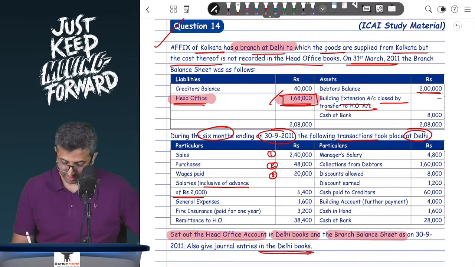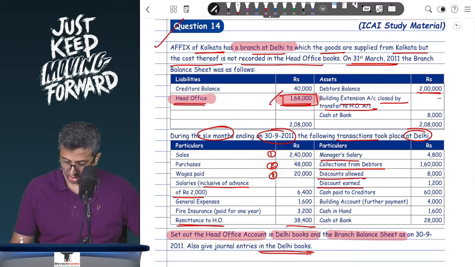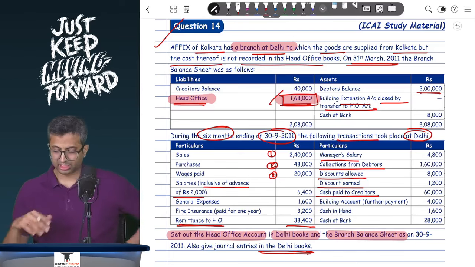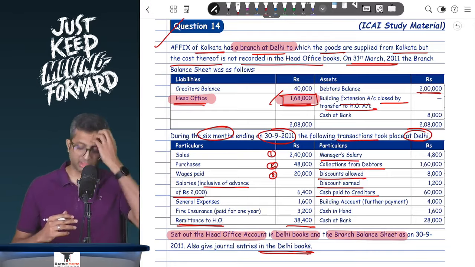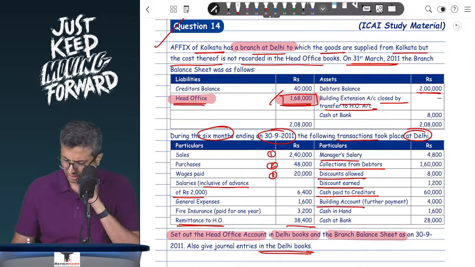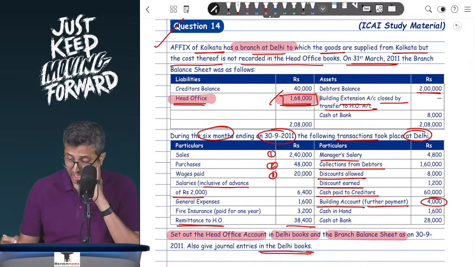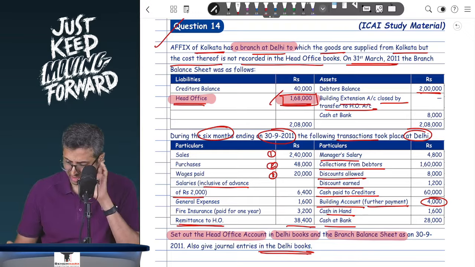General expenses, fire insurance, there is some remittance to the HO of 38,400. Manager's salary, collection from debtors, discount allowed, discount earned, cash paid to creditors. I think debtors and creditors are kept in the branch account only. Building account, further payment. Building is recorded in HO's books. Cash in hand, cash at bank.